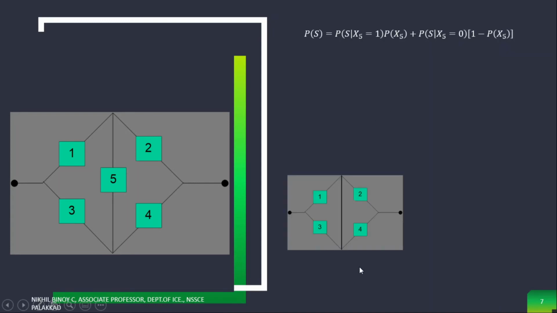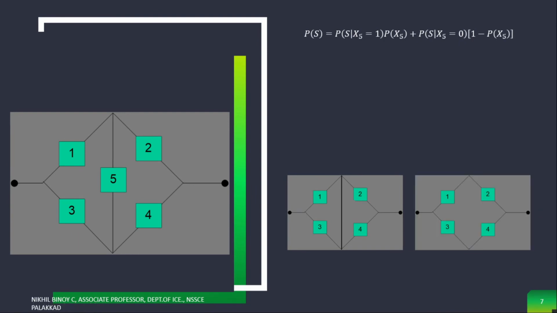Please note, this particular one is P of S given xy equal to 1. This means, as I told you, this one is closed. The second one is if it is open. Open means this one has failed, so in the reliability block diagram this path is failed.